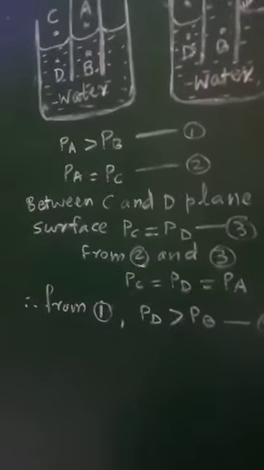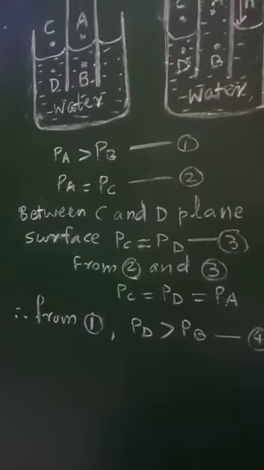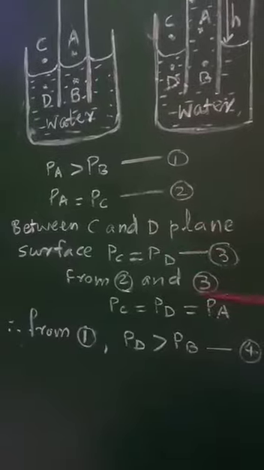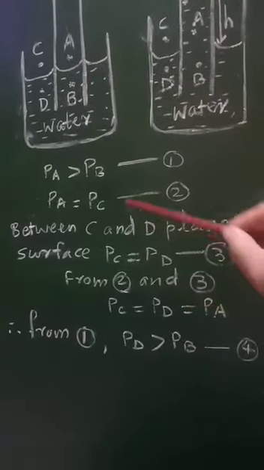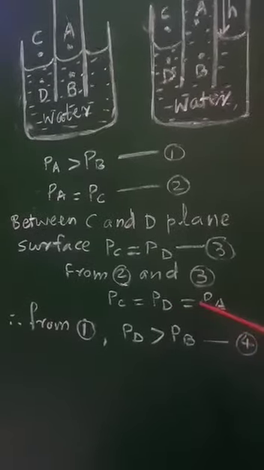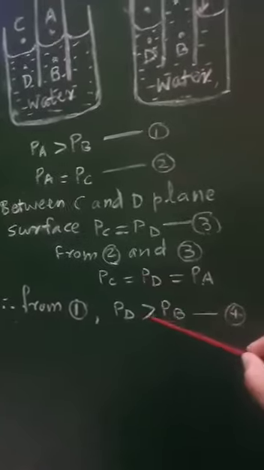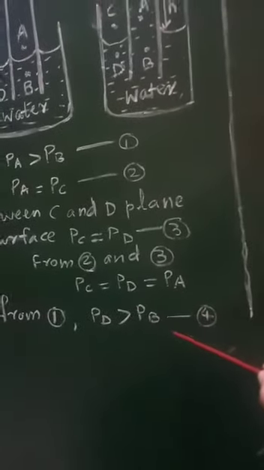Now from equation 1 we have PA greater than PB, but PA is equal to PD, and therefore we can say that PD must be greater than PB.